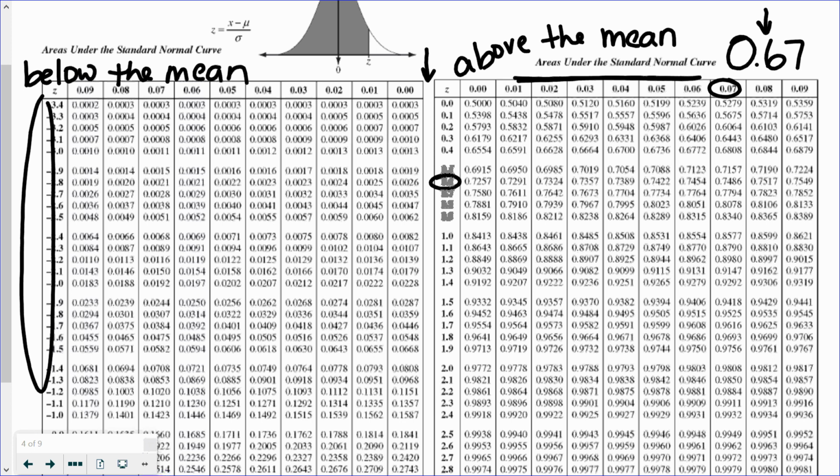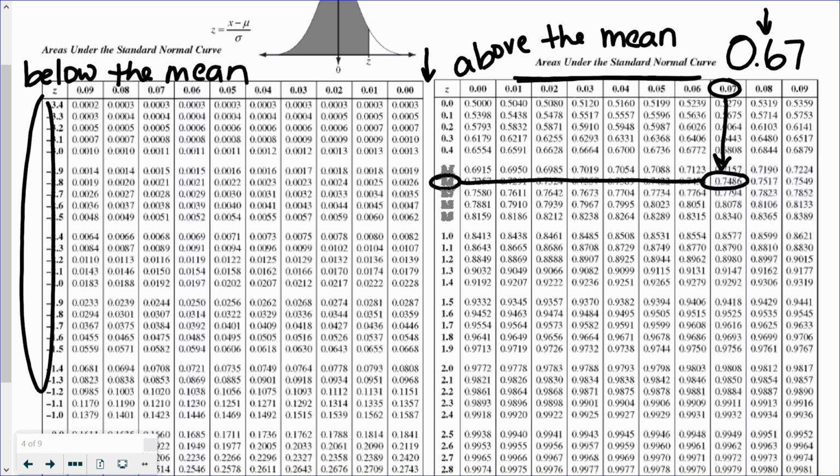So I go across and down to figure out this number. The area under the curve that 0.67 represents is 0.7486.